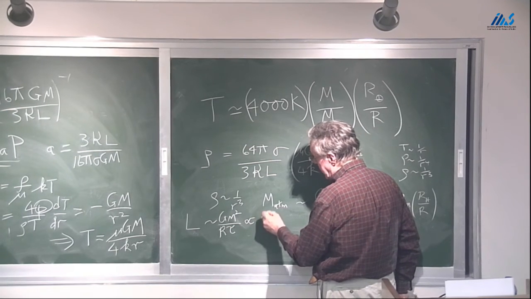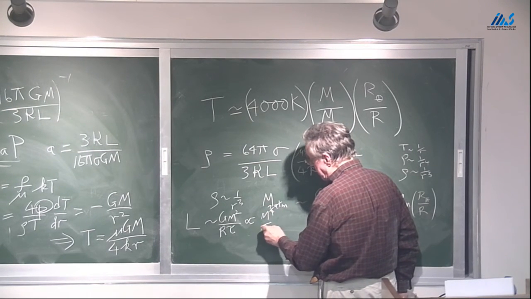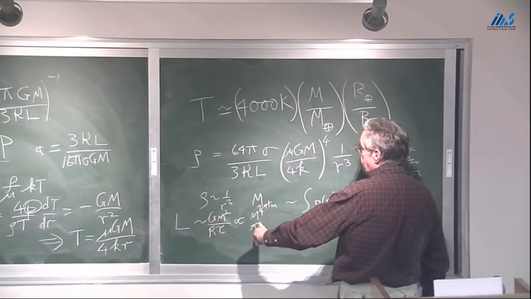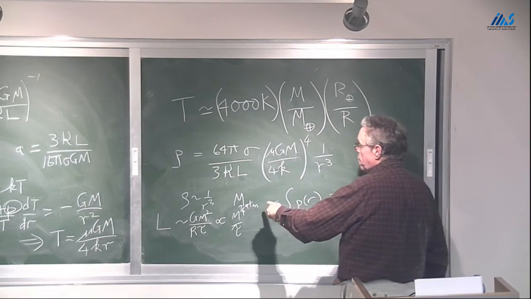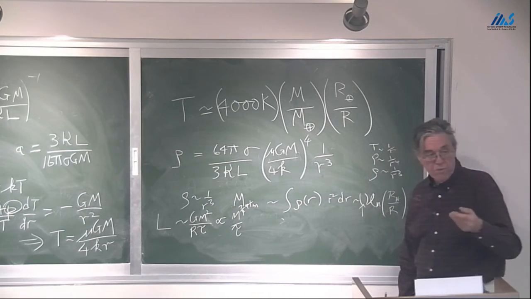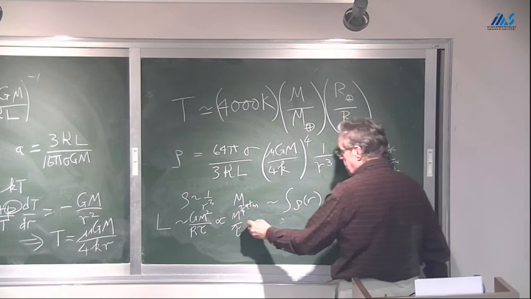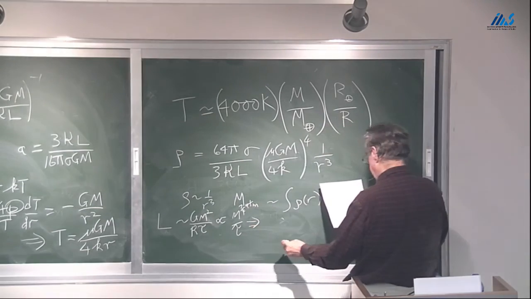This will go something like mass to the 7/4 over tau. If I put that into here, do the integral, and ask when do I reach the state where the atmospheric mass approaches the mass of the core, here's what I get.